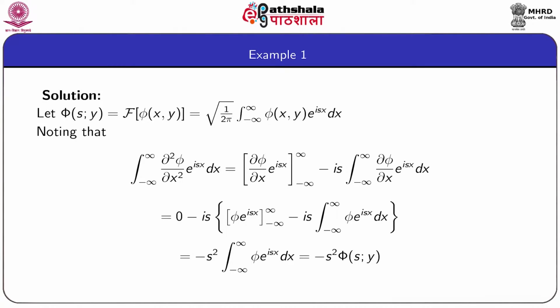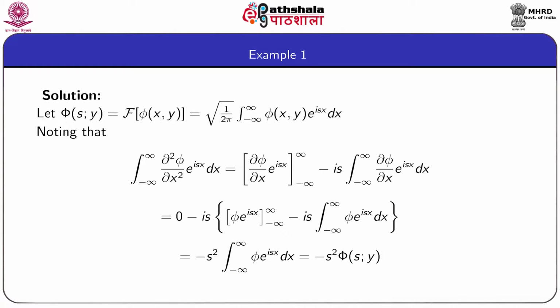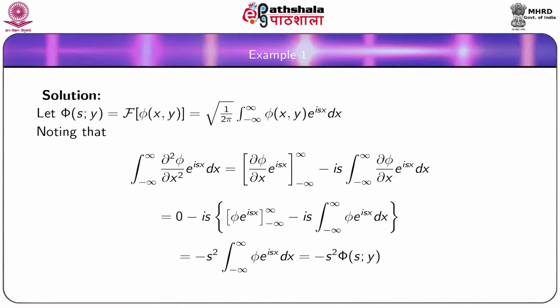by parts so that we get 0 minus is into phi e to the power isx, x ranges from minus infinity to plus infinity, minus is integral from minus infinity to plus infinity phi e to the power isx dx.